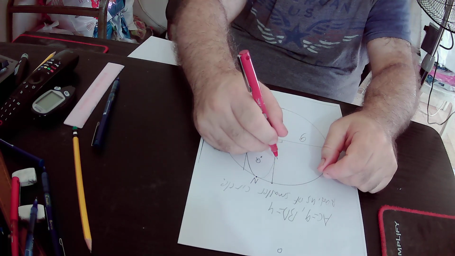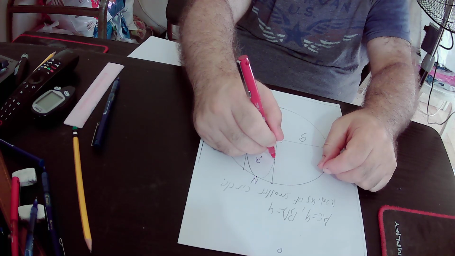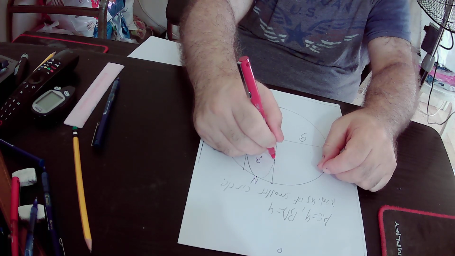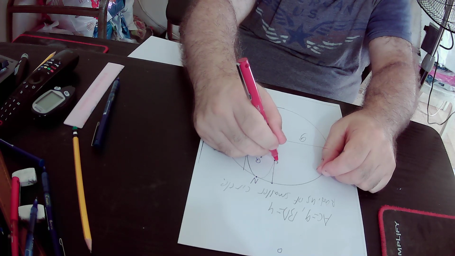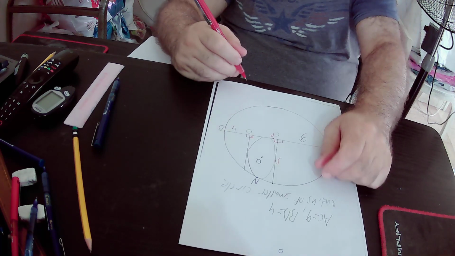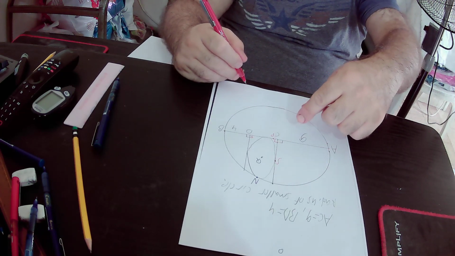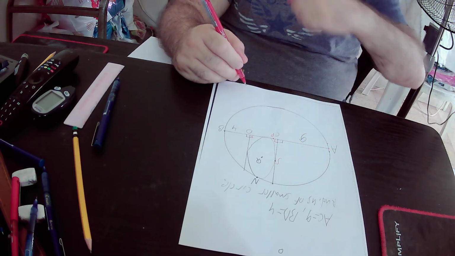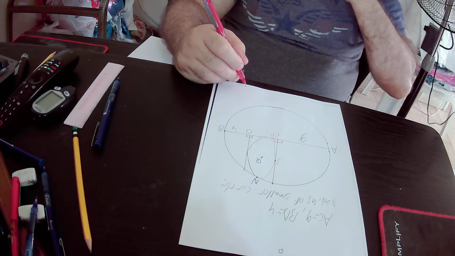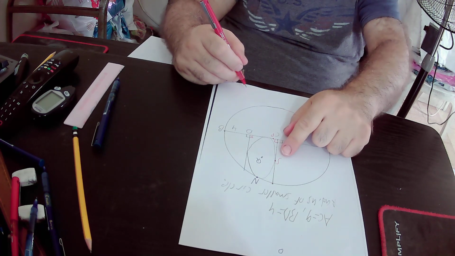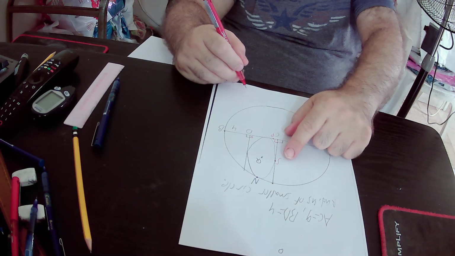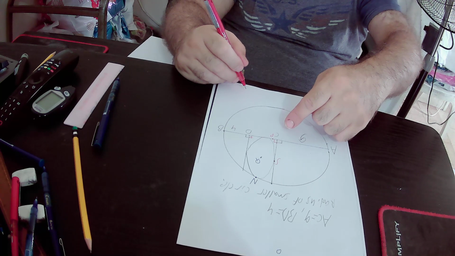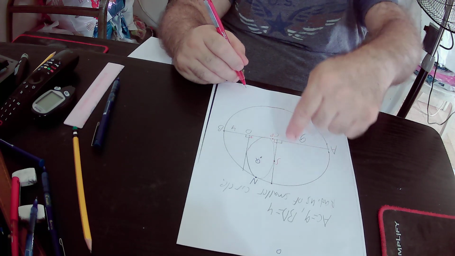Let's call the point of contact between the tangent and the circle point S. So this tangent is tangent to the circle at point S, or it's also called the launch point between the tangent and the circle.